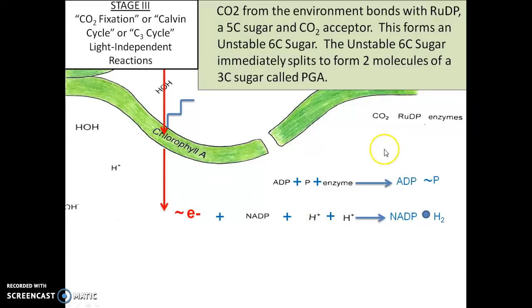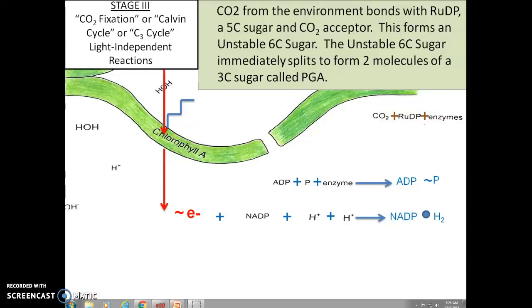So what's happening here? We have carbon dioxide. Where did that come from? It came from the environment, guys. It came from us. We gave the plants this carbon dioxide. So carbon dioxide from the environment is going to bond with RUDP, and that's a sugar that's already in the plant. The plant actually makes RUDP, all right? So carbon dioxide and RUDP are going to combine together with the help of an enzyme.